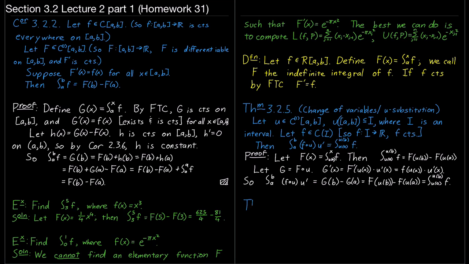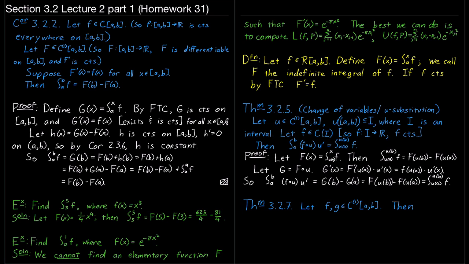And let's also check integration by parts. Let f and g both be C1 functions on [a,b]. That is, f and g are both continuous, they're also differentiable, and their derivative has to be continuous.